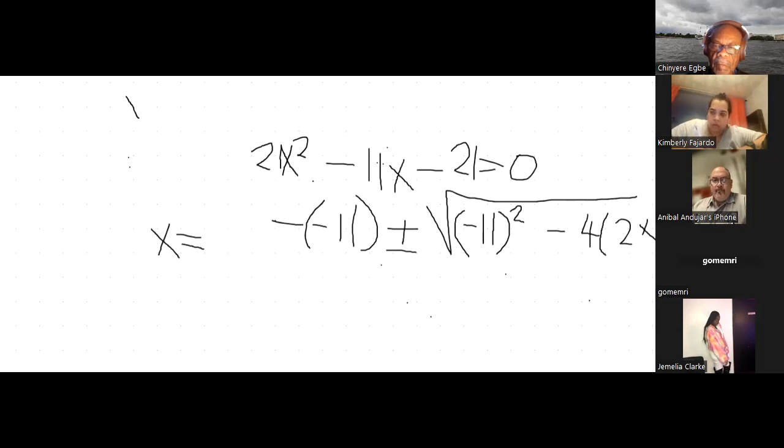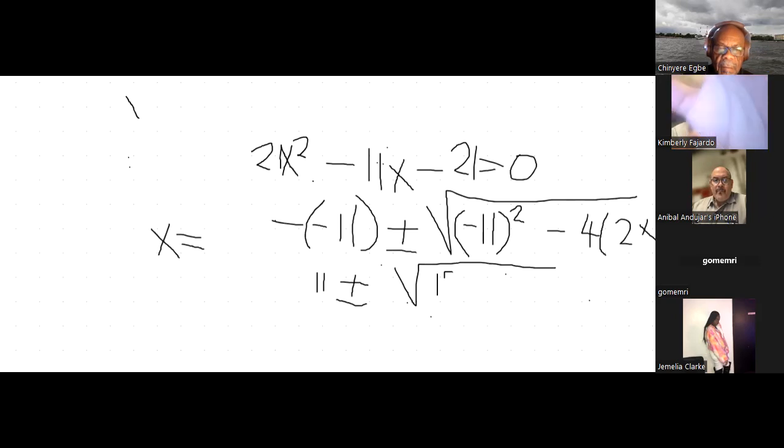Okay. You see that I'm putting that minus 21 in the bracket so that you know we're multiplying 2 times minus 21, which is 11 plus or minus the square root of 121. 11 times 11 is 121.